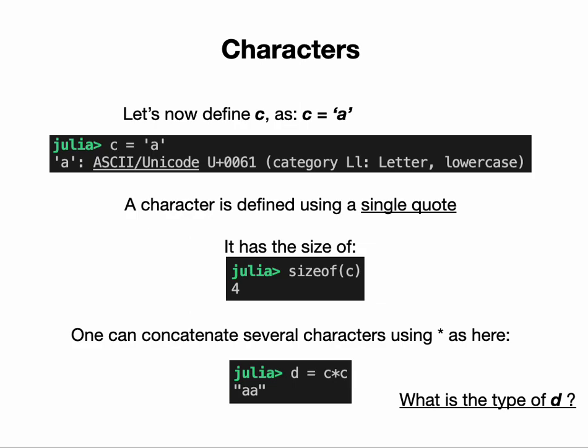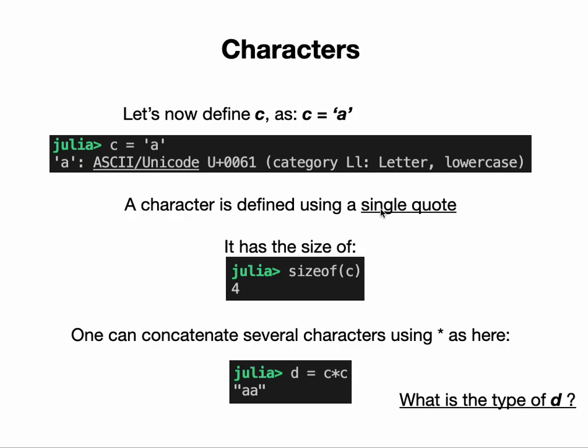Let's define C as a character. To set C equal to the character, for example, 'A', we will use single quotes. That's the most important thing here. A character is defined using a single quote.